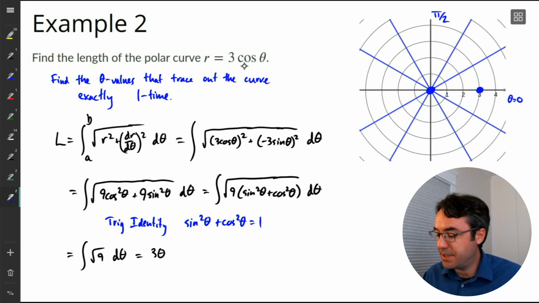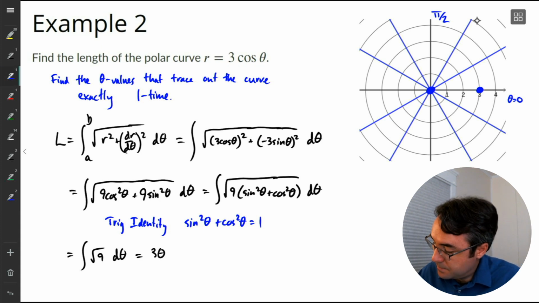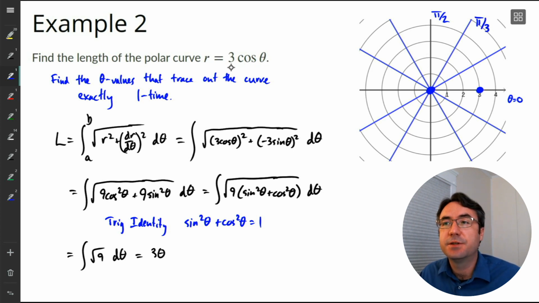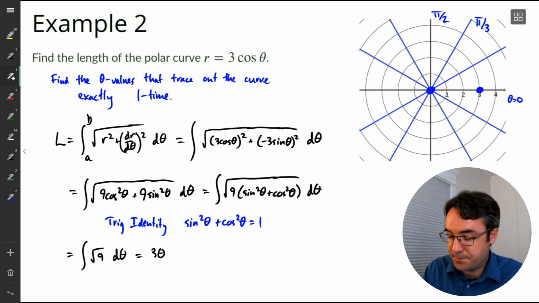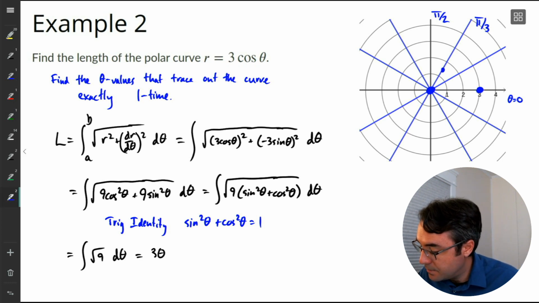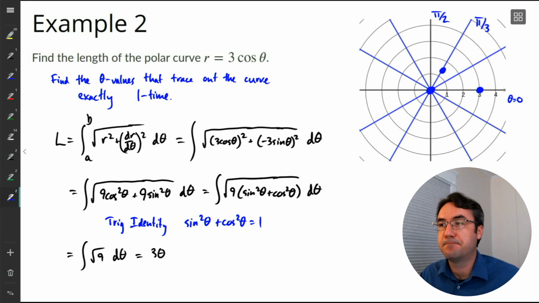And if we were to, say, plug in cosine of pi over 3, which would be this ray right here, cosine of pi over 3 is 1/2, so we would get 3/2 when we plug it into our polar curve. And so that would be this point right here.